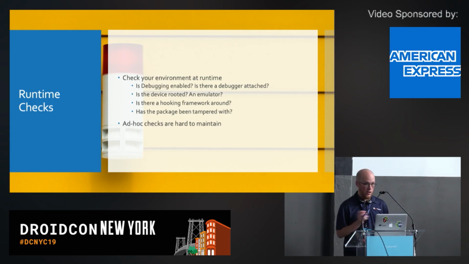Rooted devices, again, are particularly insecure environments. Extremely untrustworthy. Emulators, maybe a bit less so, but for the most part, you don't expect your regular users to use emulators. I think some people use them for gaming. For the most part, someone is doing something to reverse engineer your app and they're using an emulator.